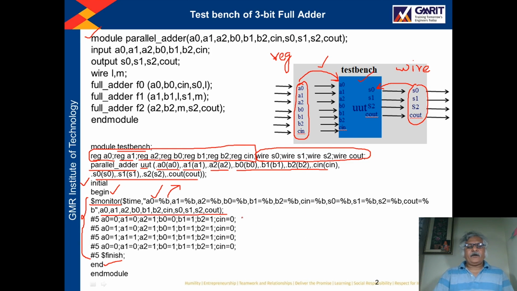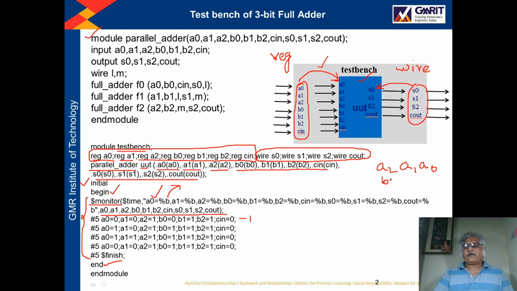Now in statement number 1, see basically how this addition will be done. It will be done in this way: A2, A1 and A0 is the first 3-bit number.